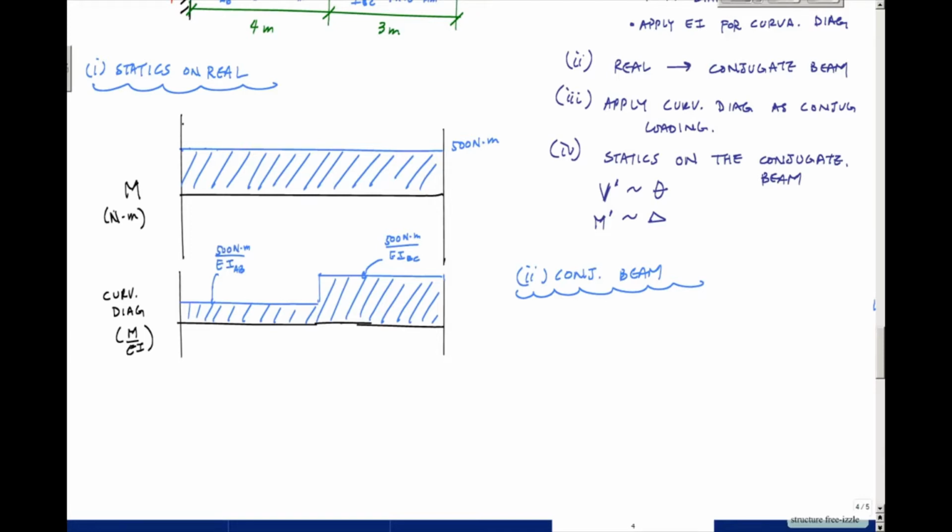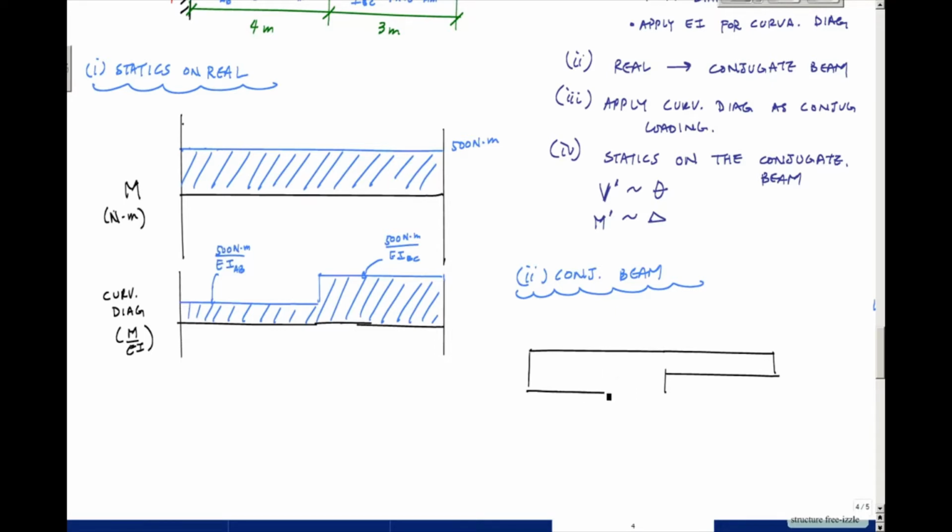If it's fixed in the real beam, then it's free in the conjugate beam. I have a video on how to draw a conjugate and a real beam.